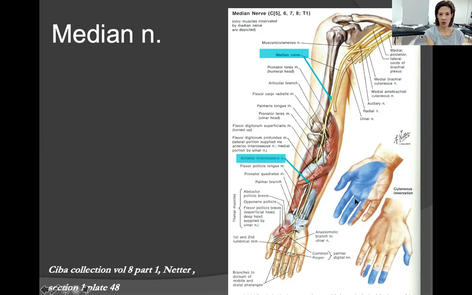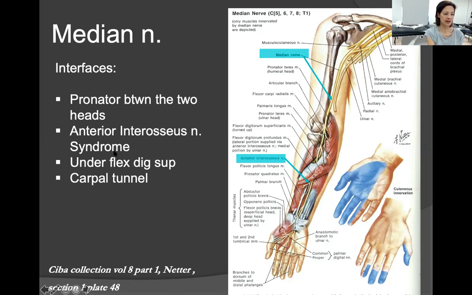And here is your sensorial, or skin sensation. It's going to be the palm, partly the thenar eminence, the palmar aspect of the thumb, the index, the middle finger, and half of the fourth finger. And then it will loop over the back, over the nails, up to the distal phalanges as well.